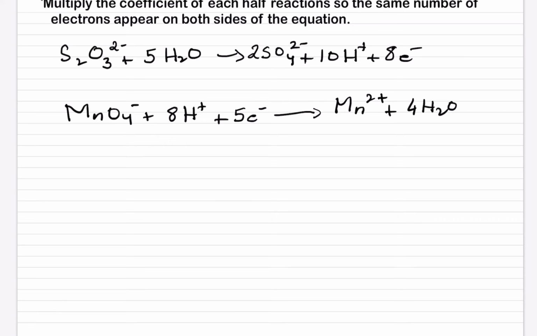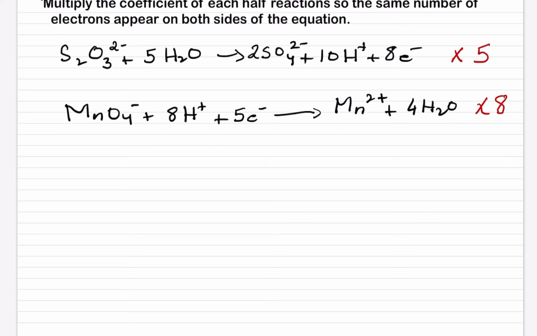So we have to balance this. We can multiply the first equation by 5 and the second equation by 8. So then the number of electrons will be equal. 8 5s are 40 electrons and 5 8s are 40. So then both will be balanced.